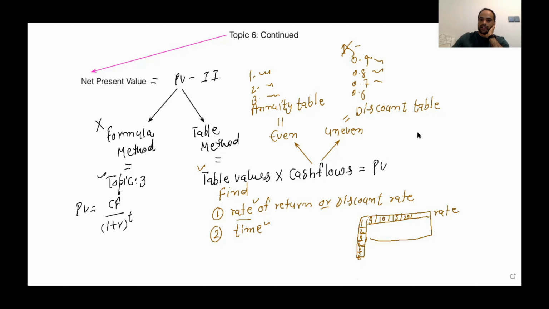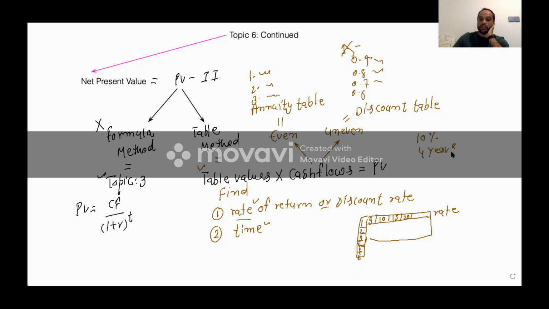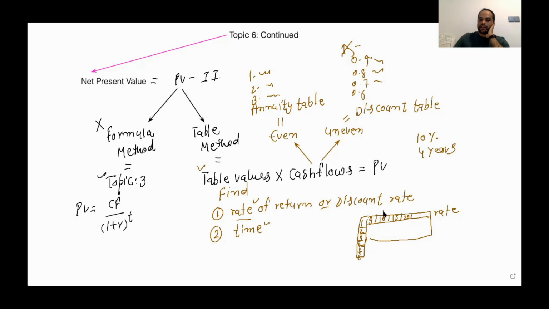So for example, the rate is 10% and time is 4 years. Your question says that you have cash flows, the rate of return is 10% and time is 4 years. So 10 is here and 4 is here, and you have all these values.